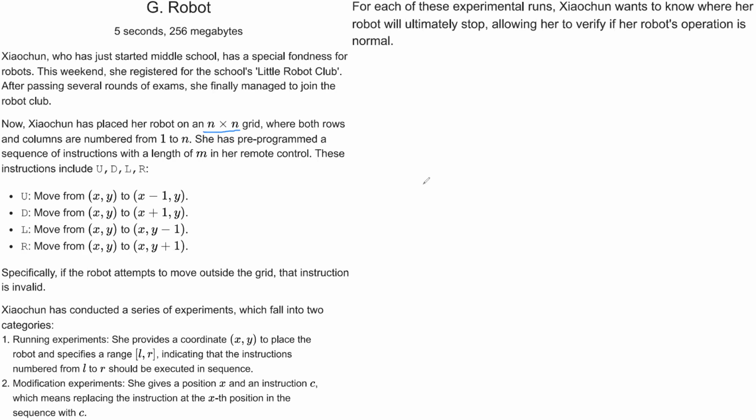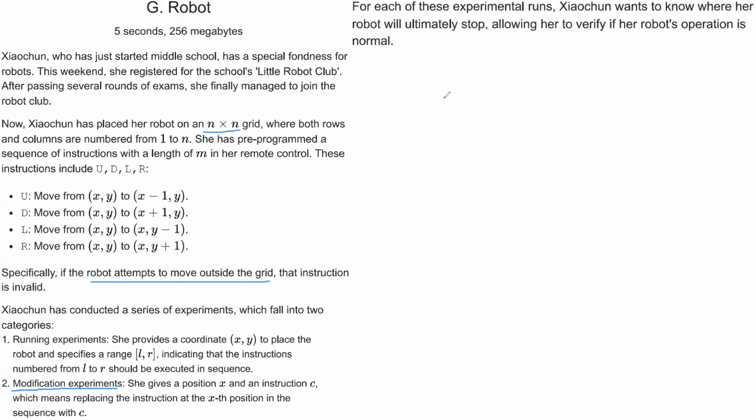So there are 2 cases. If the robot attempts to move outside the grid, the instruction is invalid. So we don't perform this instruction. Now the question is how to deal with all of those things, because we have a lot of instructions, and also we have modifications of instructions.